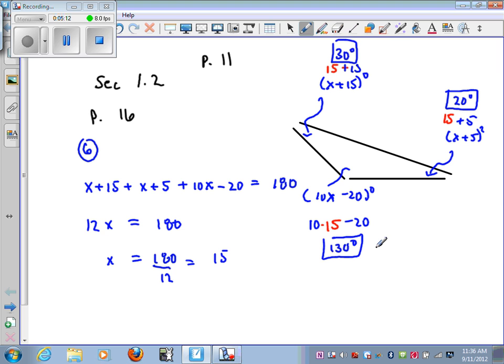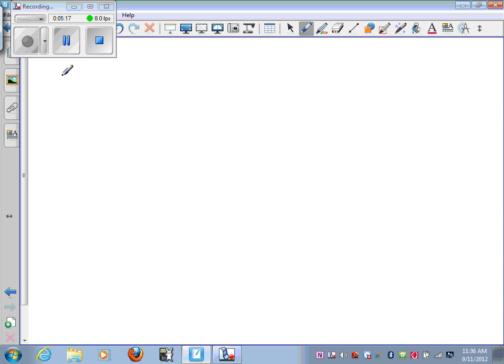Okay, so they're giving us two angles of the triangle and they want us to calculate the third. So what we have to do is add the two angles. So I have to add these two together.